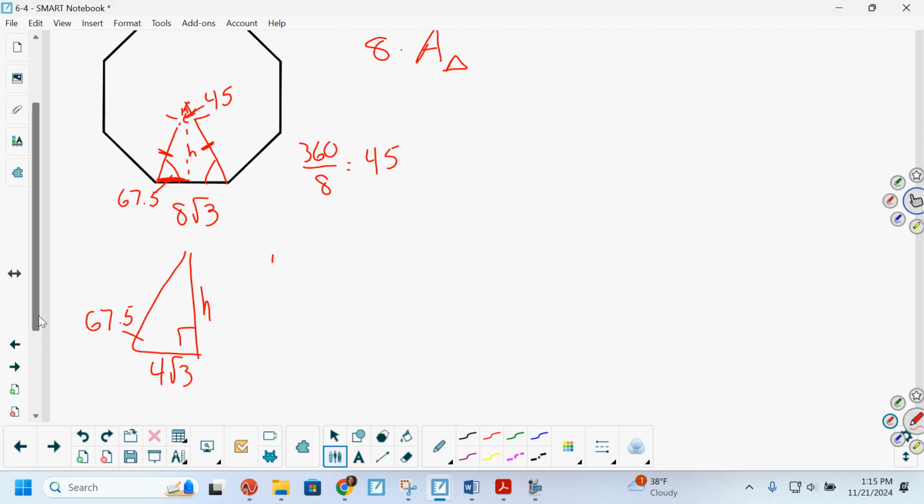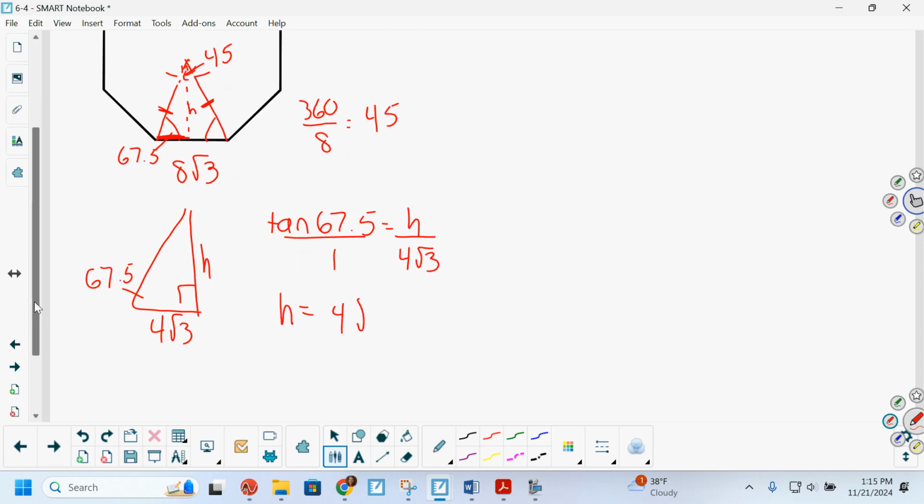So I'm going to use the tangent of 67.5 equals the opposite over the adjacent. So my height equals 4 radical 3 times the tangent of 67.5.